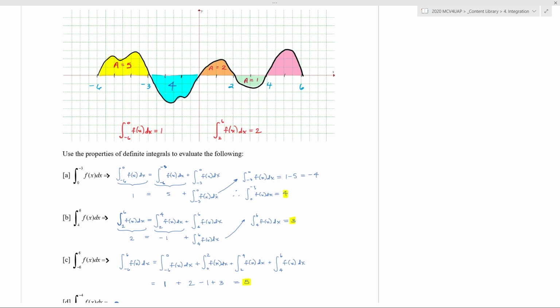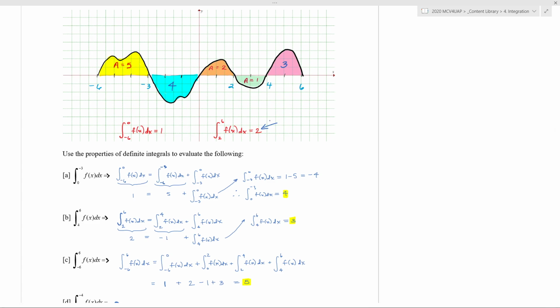So that would mean that the area of that pink shaded region would have to be 3. Because -1 plus 3 would give us the integral from 2 to 6, which we're told is 2. And I've written that formally as well.